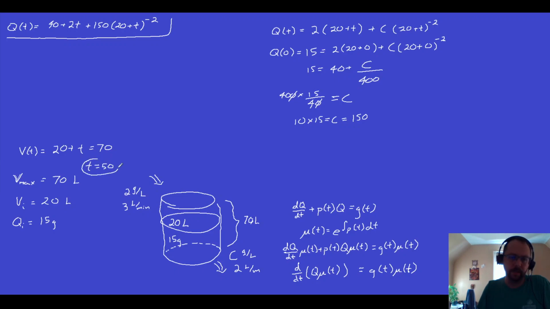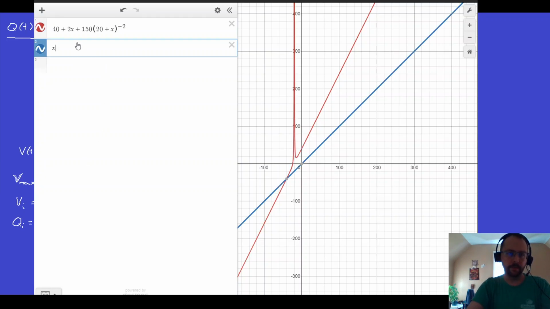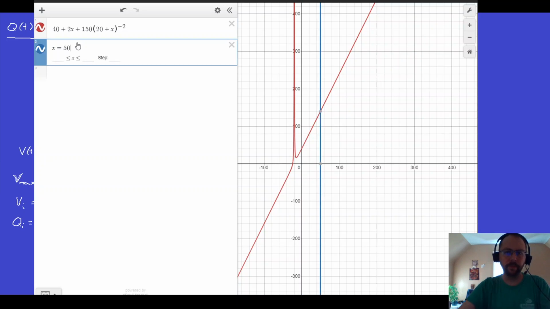This is the time that we're concerned with. And obviously you can plug that into the equation above, or we can solve that graphically here by graphing x equals 50, and we can see that our solution is 140 grams of sugar is the amount of sugar that will be in the tank when it fills, given the constraints that we were given.